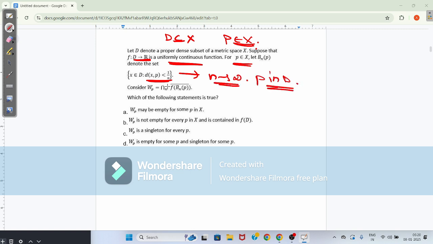Now this is the intersection of neighborhoods of P under F, which means when you apply the values here, it contains the value of P.